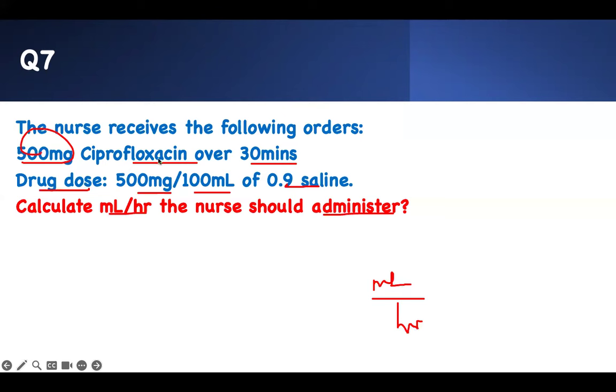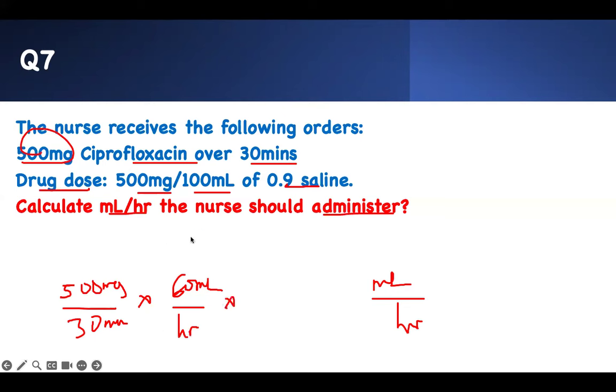You start with the first thing they've given you: 500 milligrams of Cipro over 30 minutes. That's what you want. But before I do that, I look at it and this is an hour, so I have to convert this. So 60 minutes is over an hour, and this will take care of it.